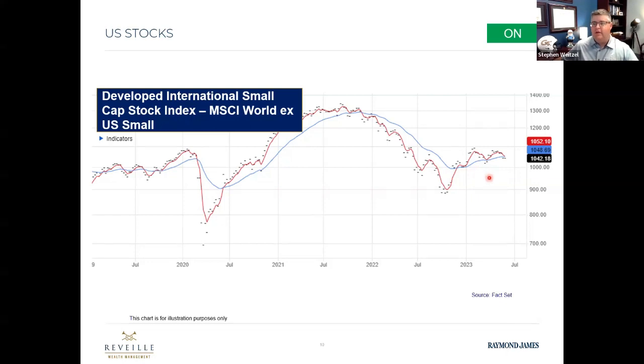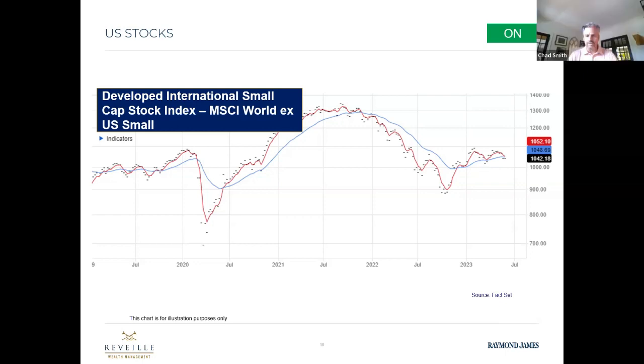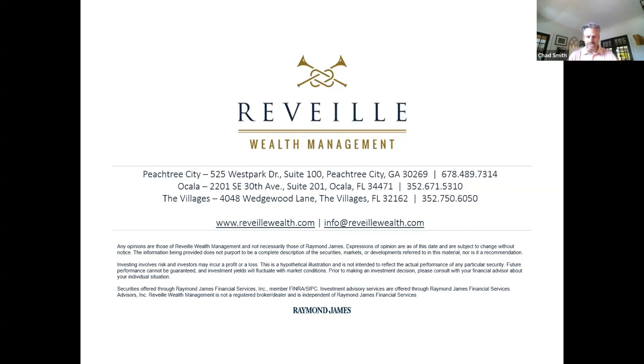So really just a reiteration of the fact that if we're going to be invested in the market, we're probably better off to have more exposure overseas than we are here domestically. And I think that's probably where the better opportunities are. Certainly, yeah. And that's what we're seeing in terms of confirmation within our rules-based investment discipline.